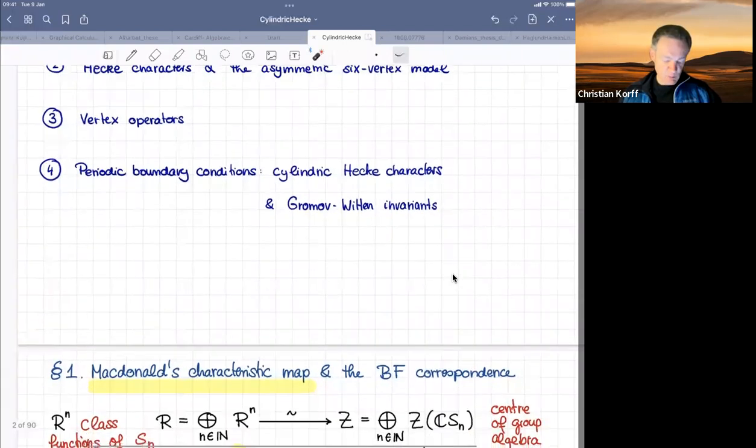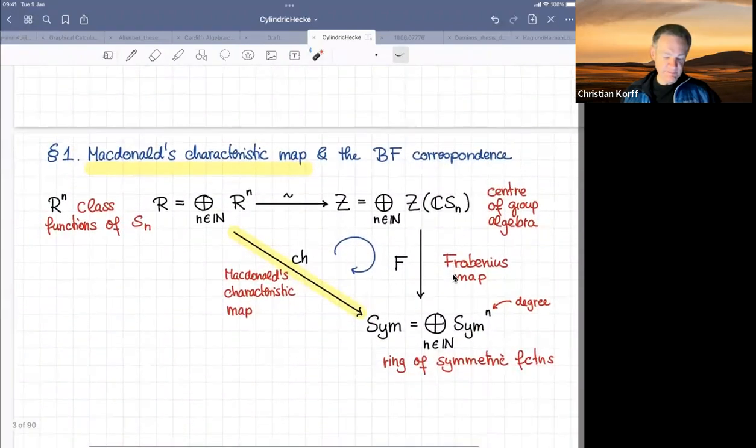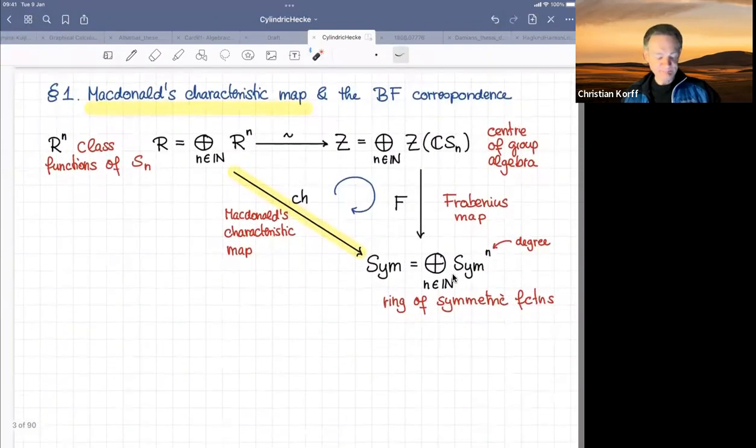Okay, so let me just start with Macdonald's characteristic map. And the main players here are R_n. Think of this just as the vector space of class functions, which you can identify with the Grothendieck group of finite dimensional modules of your symmetric group.